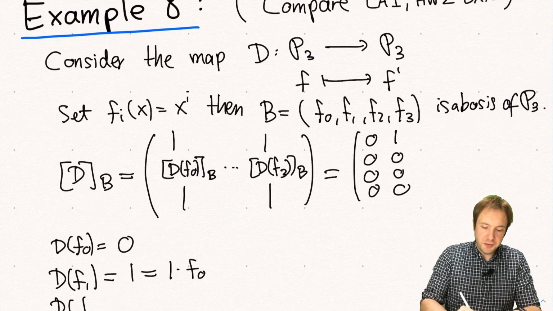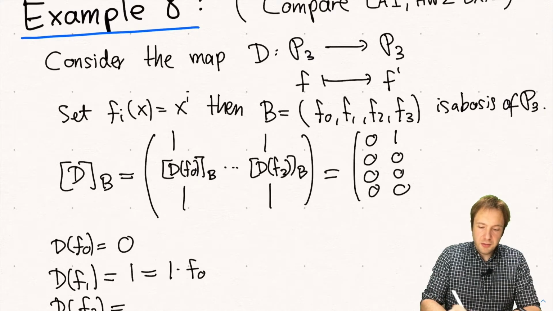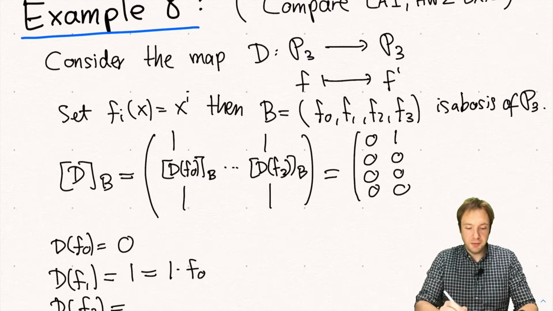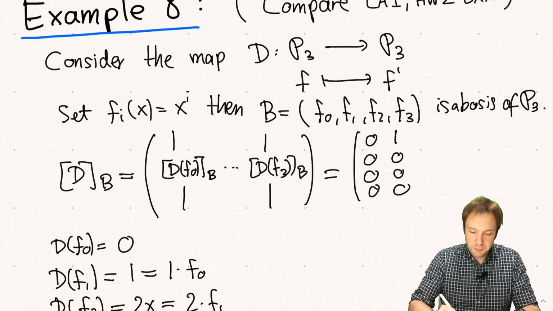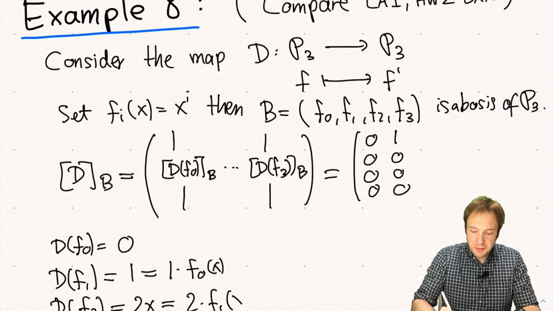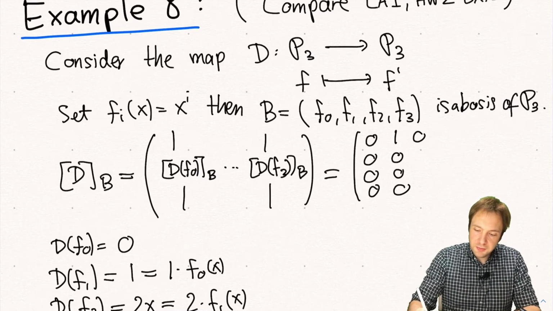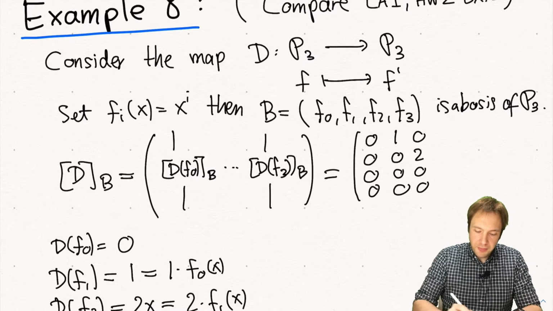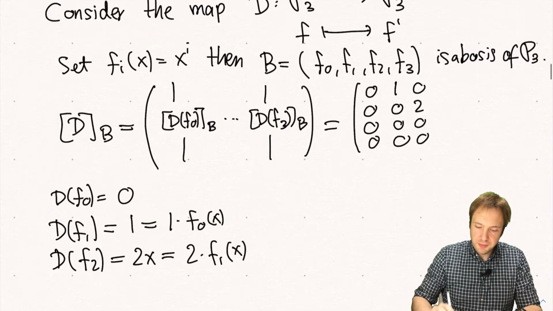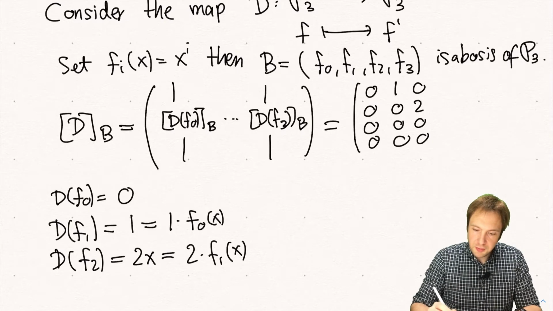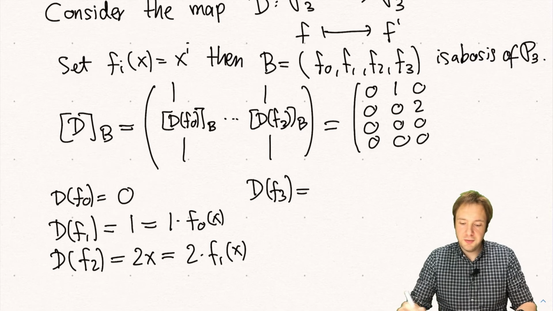And then the derivative of f2. So f2 is x squared, the derivative is 2x. So therefore this is 2 times f1 of x. So here it's this. And then the last one is d of f3, which is x cubed.